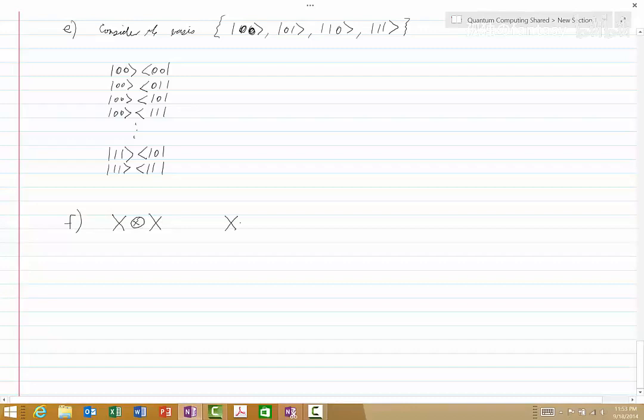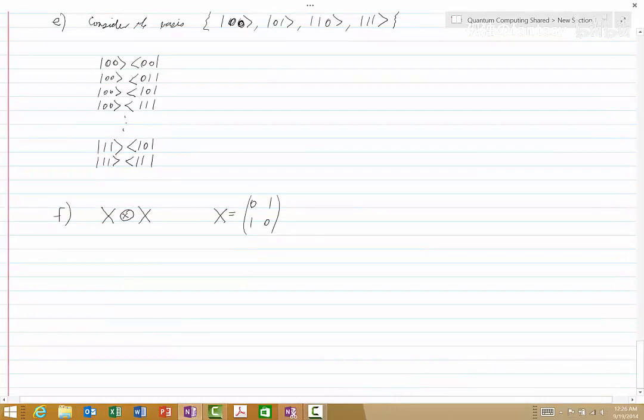X is 0, 1, 1, 0. So this is an operator on a 1 qubit system. This is going to be an operator on a 2 qubit system, and we want to find that operator in Bra-ket notation. So I'll give you a moment to think about that, and then we'll all look at this together.